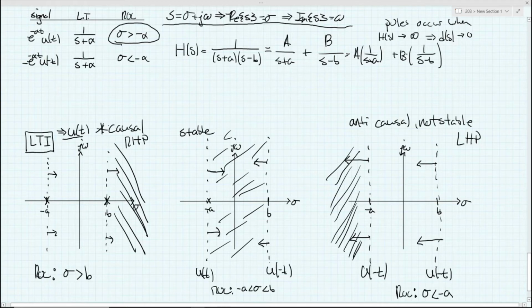And now that it's in this form, I can look back and I can see, well, here's what it looks like, right? So alpha in this one is going to equal a, and alpha in this one is going to equal negative b.